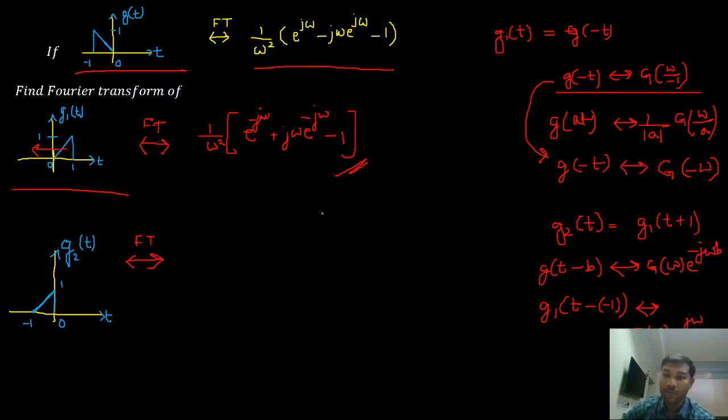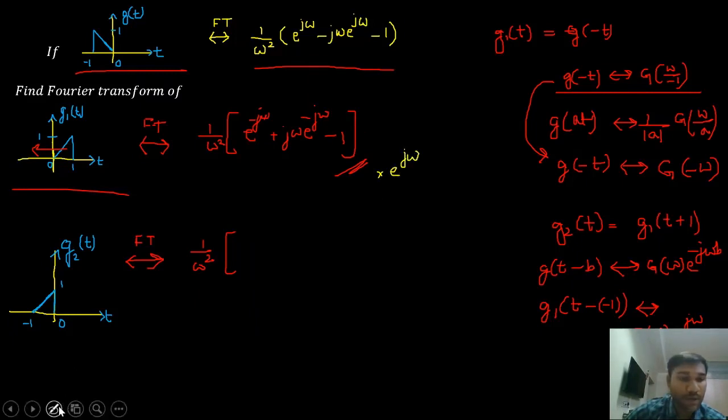So whatever my g of omega, so g1 of omega, this is my g1 of omega here. So whatever my g1 of omega is, I should just multiply it with e power j omega. So if I multiply it with e power j omega, what will I get? 1 by omega square, I have to multiply this with e power j omega.